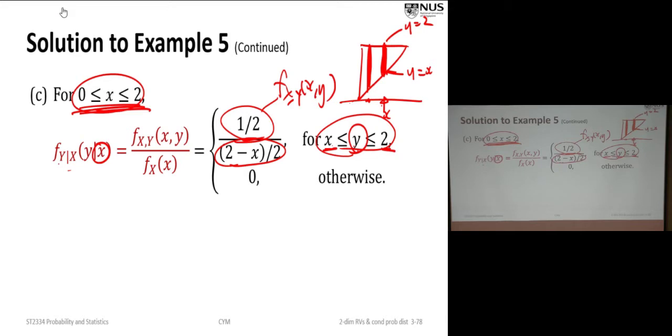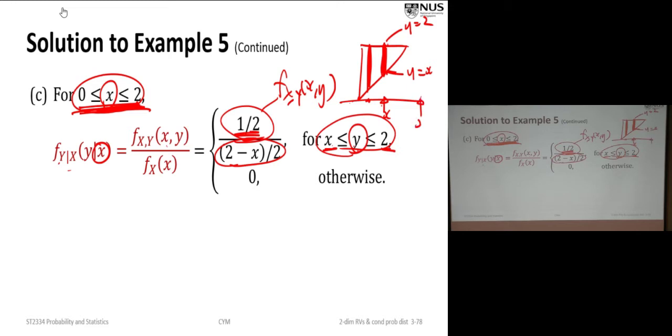All right? Now, the conditional of y given x is equal to the joint distribution divided by the marginal. The joint distribution equals 0 otherwise, and equals half when x is between 0 and 2 and y is between x and 2. So for fixed x, so long as x satisfies this, then I look at it. So I fix x, then y is between x and 2.